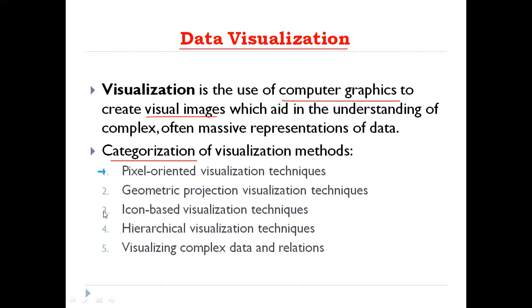Pixel oriented visualization techniques, geometric projection visualization techniques, icon based visualization techniques, hierarchical visualization techniques, and the last one is visualizing complex data and relations by using cloud tags. These are the five categories of visualization methods. Let us discuss one by one now.